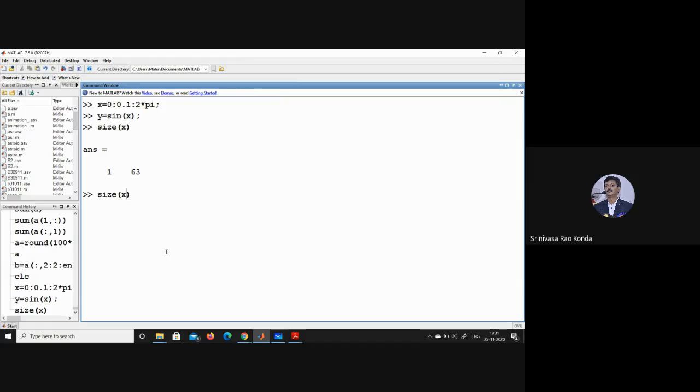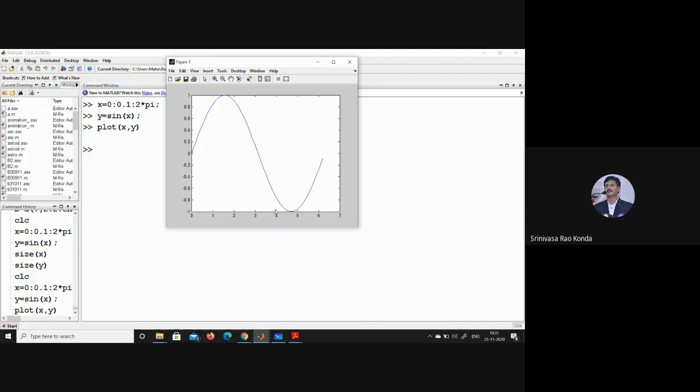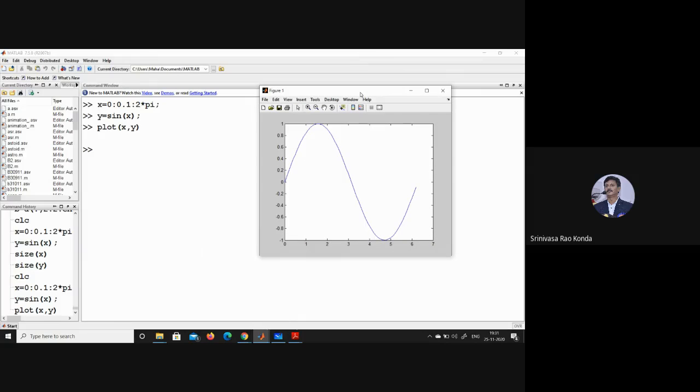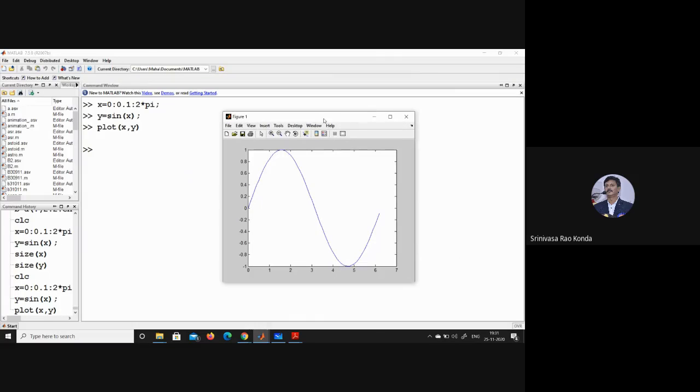At the same 63 points, I have y values. Now plot x comma y. So this is the y is equal to sin x curve in 0 to 2 pi.